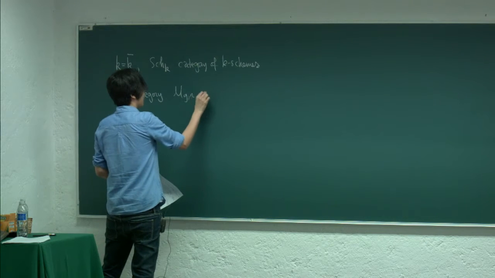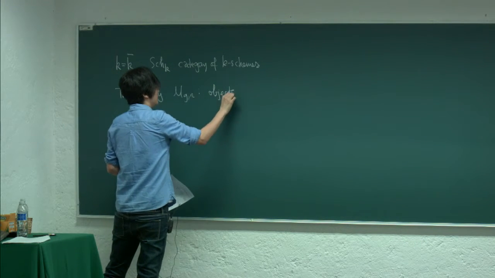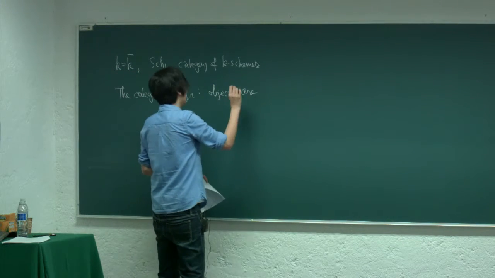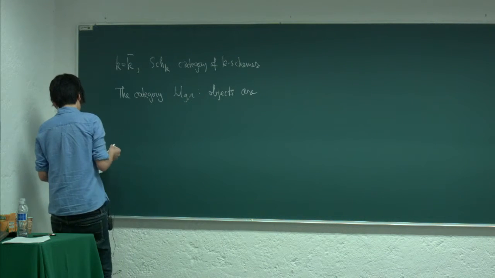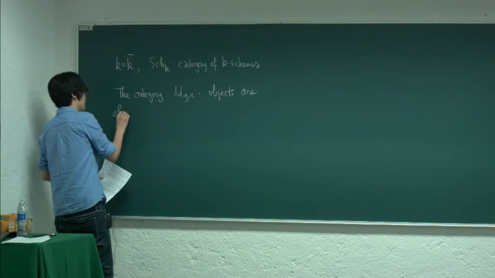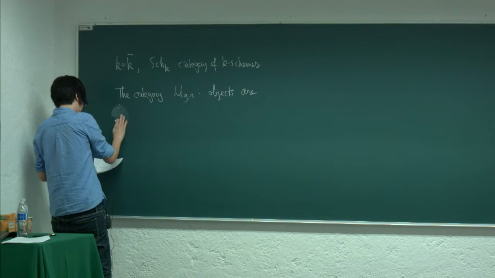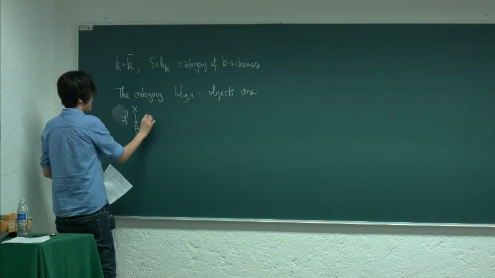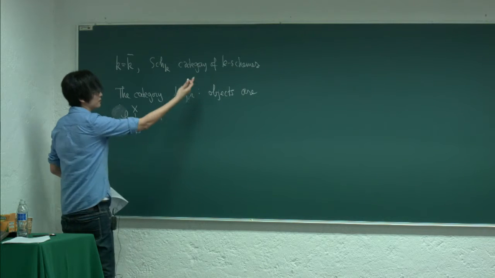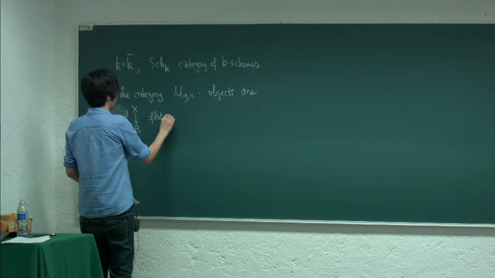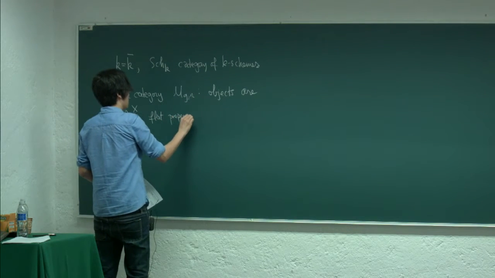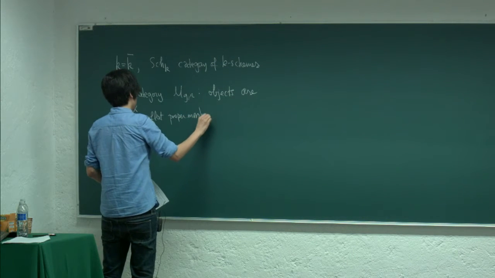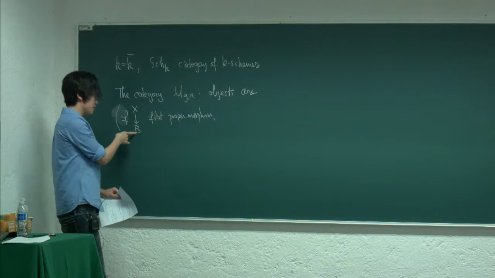This is the category whose objects are, well, families. So let's say F from X to B. This is a flat proper morphism of schemes over K. So this is a morphism in K schemes.